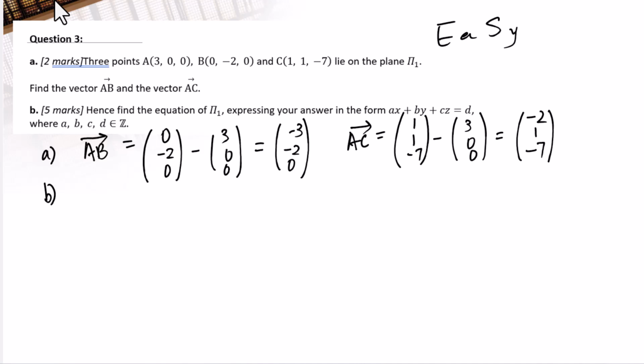B. Hence, find the equation of π1, expressing your answer in the form ax plus by plus cz equals d, where a, b, c, d are integers. We do know in this form, the normal vector equals (a, b, c).